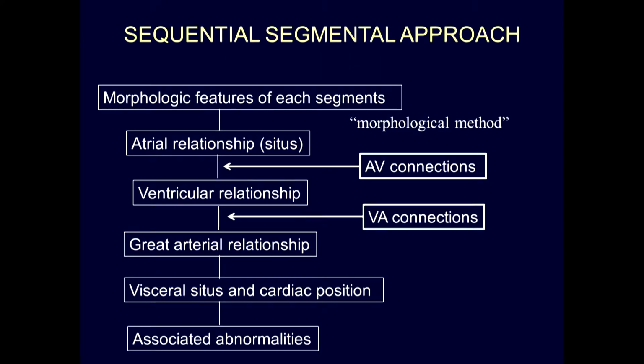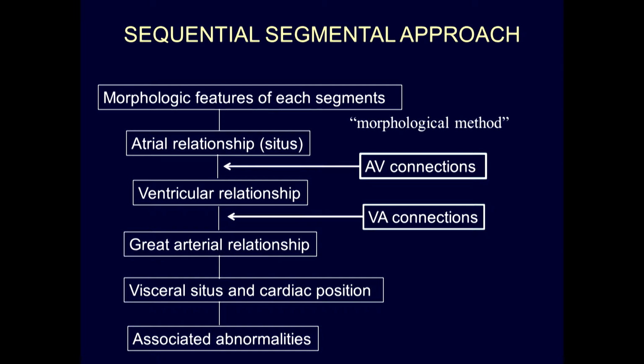The sequential segmental approach flow diagram is the following. The first step is to identify morphological features of each segment: left or right atrium, morphologically left or right ventricle, and arterial trunks. For this method, as I mentioned, the morphological method is used, just intrinsic anatomical features.